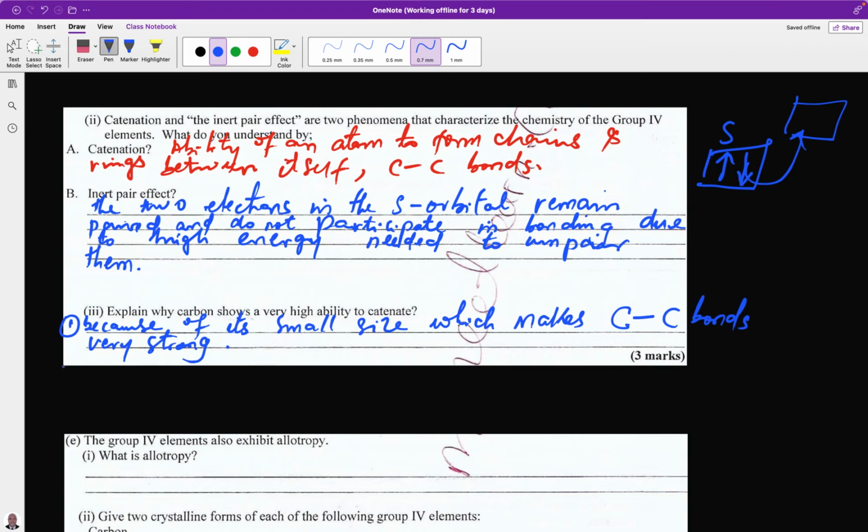Another reason, number two, is that carbon has an oxidation number greater than +2.